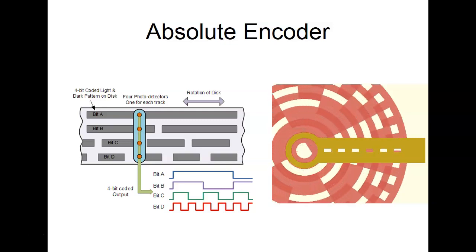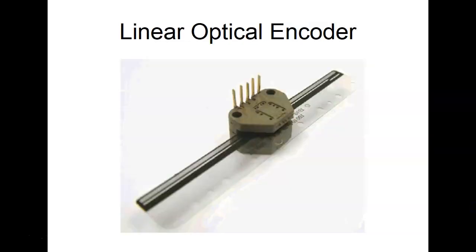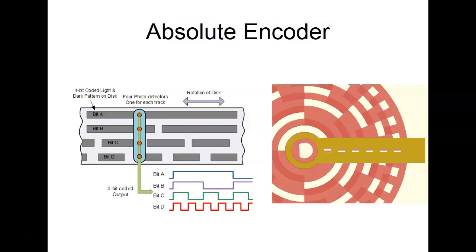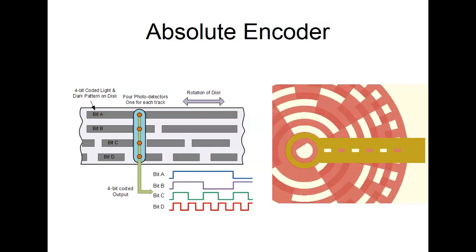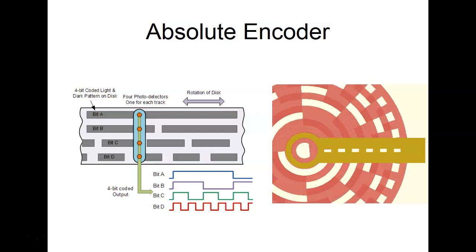And if we stop this thing, no matter where we stopped it, it's going to remember its count, right? Okay. This would be a linear encoder. This is only 4-band, so this would give us only 16 positions.